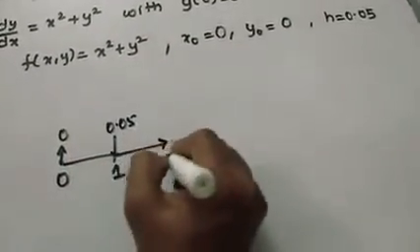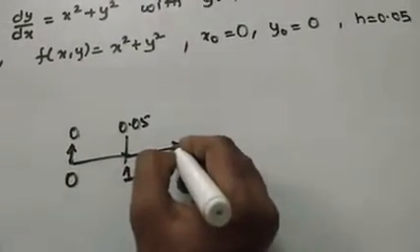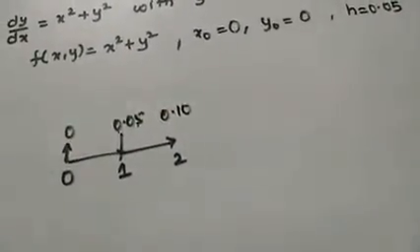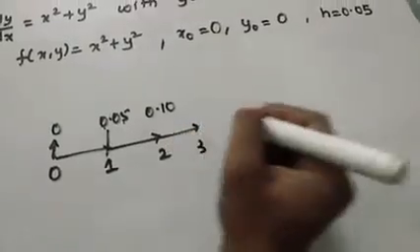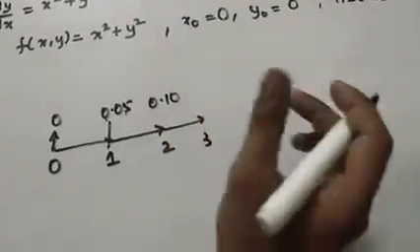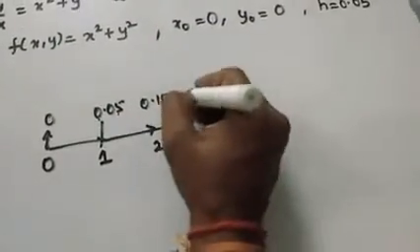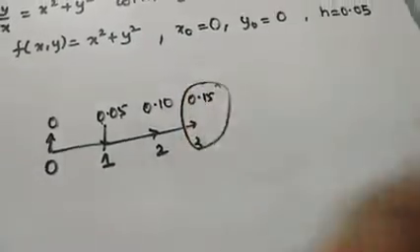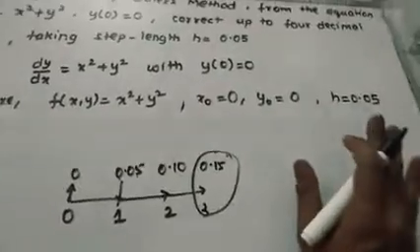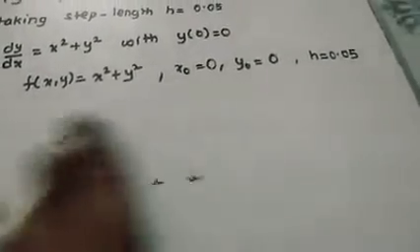The next step, step 2, will again increase by 0.05, that is 0.05 plus 0.05, which is 0.10. Third step, again the length is 0.05, so 0.10 plus 0.05 is 0.15. We have to find this, that means we have to go up to this. The step length means the difference from one step to another step.